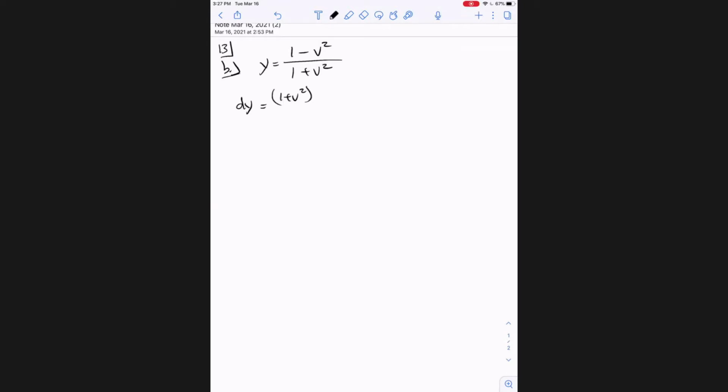The derivative of the top is negative 2b, minus the top times the derivative of the bottom, which is 2b, all over bottom squared. And this will be times dx.